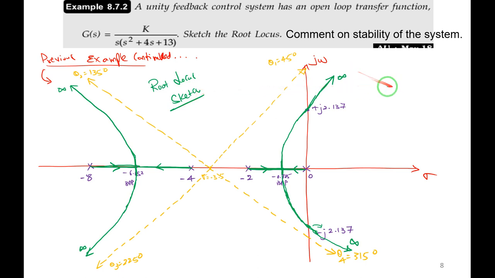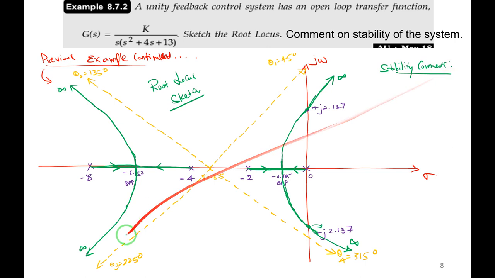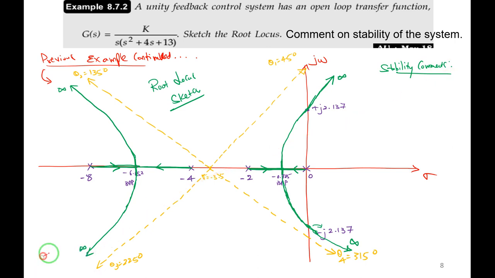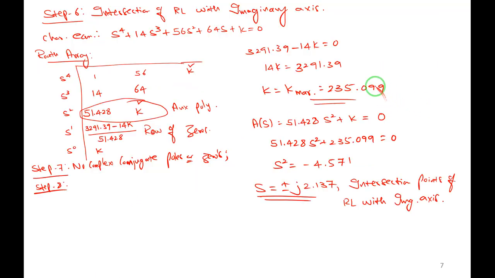Next, comment on stability, right? Stability comments, we will make it. Let me change the ink color. Okay, for k lying between, right, what is the marginal value of k here? It is 235.099.